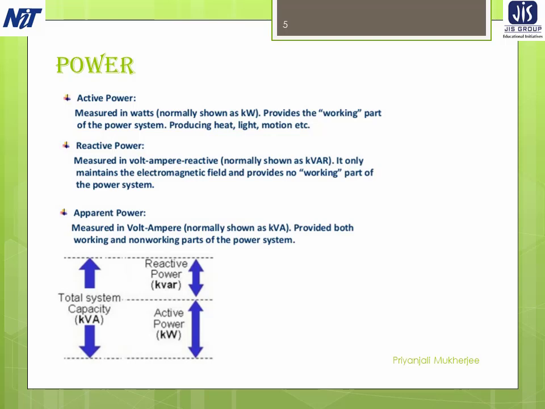Apparent power is measured in volt ampere or kVA, which provides both the working and non-working parts of the power system. So here we can see that the phasor sum of active and reactive power gives us the total system capacity in kVA, kilovolt ampere.